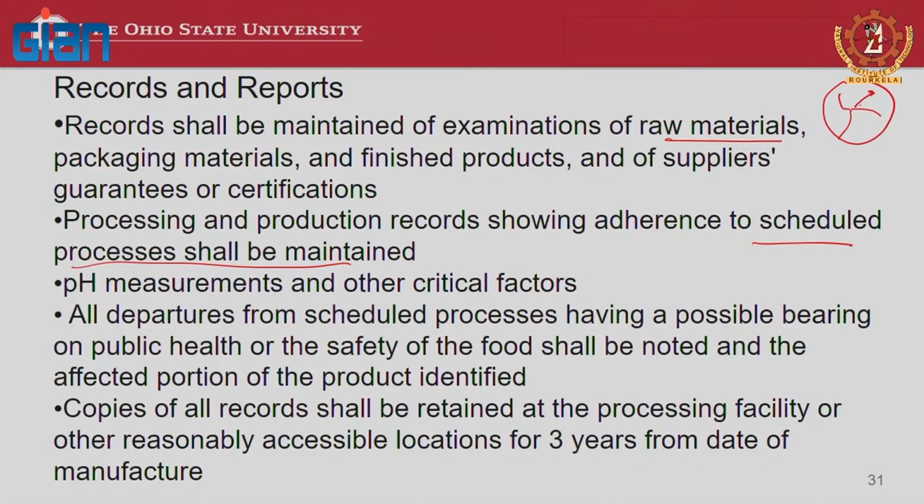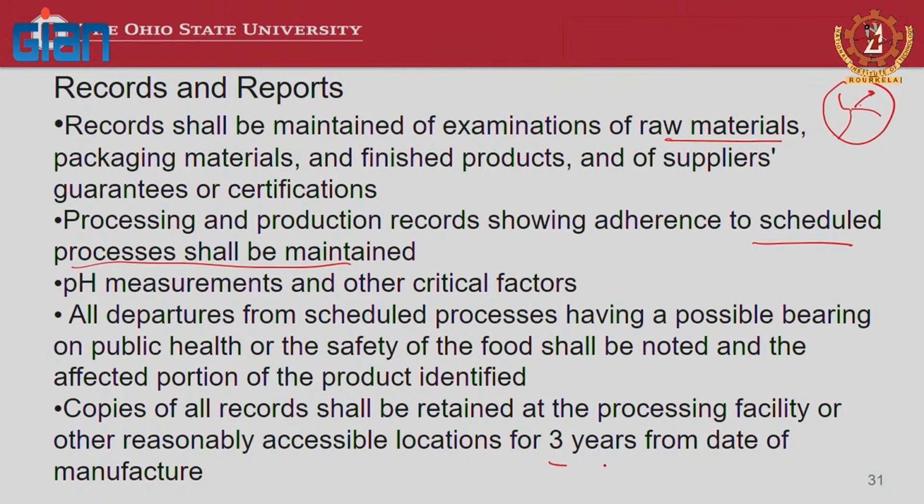You cannot just simply produce that in the plant. You have to go back to the FDA, present the modified formulation, get the FDA approval, then start processing it. That type of thing is needed so that it protects the consumer, but at the same time it also protects the processor if something happens.